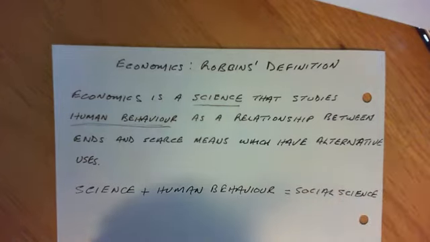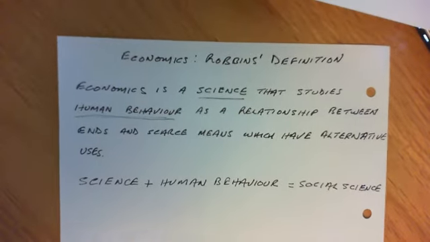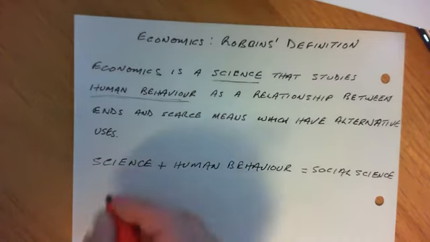So presumably what Robbins is saying here is that economics is a social science. That's fine. However, the problem now is what's meant by science.